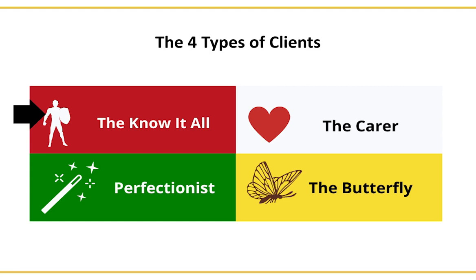Now, if you are familiar with Marisa Peer's 4 roles we play, this may remind you a little bit of the child that knew, that did everything right. The exceptional, the brilliant one, she calls it.